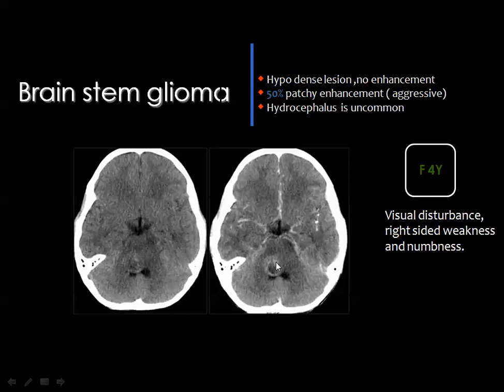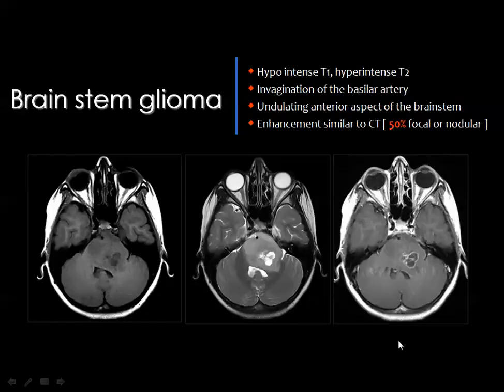And here is an example of brainstem glioma in the T1, T2, and T1 post contrast. The tumor is showing some contrast enhancement, meaning that it is of aggressive nature. And you can see the very important sign of exophytic extension of the tumor by limbs anterior to the basilar artery, which is displaced posteriorly.